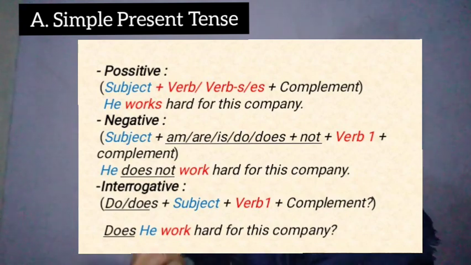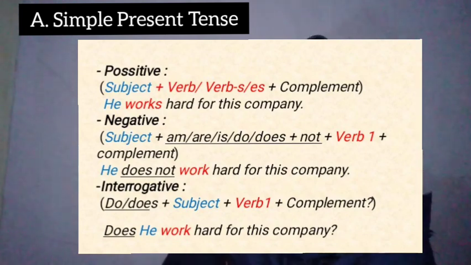Okay, next. This is the formula for negative sentence. You have to put subject, then to be or auxiliary like am, are, is, do, or does, then not, and then complement. So the example is, he doesn't work very hard.